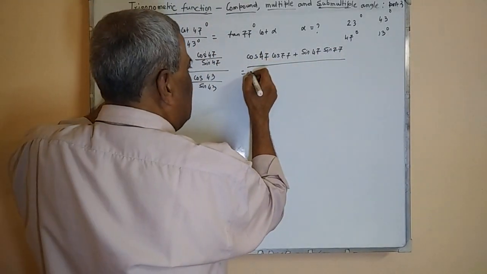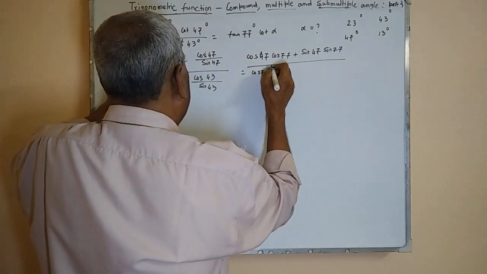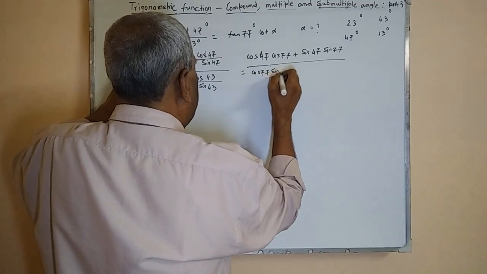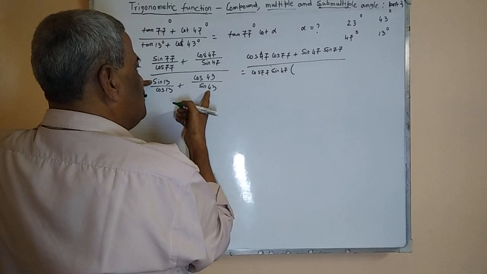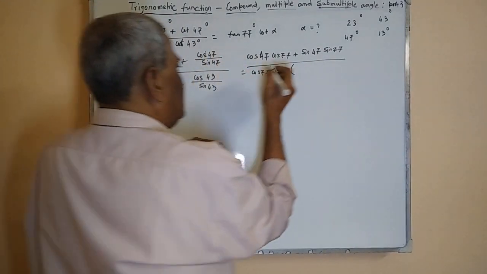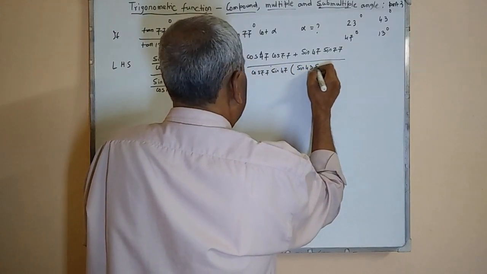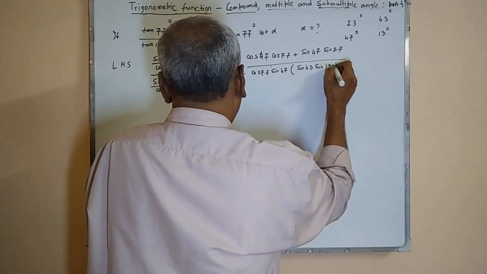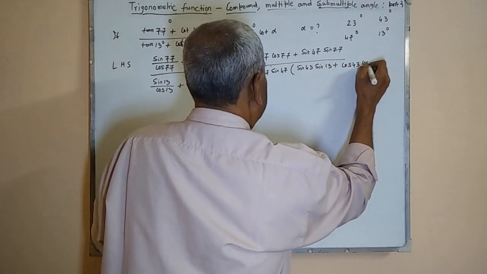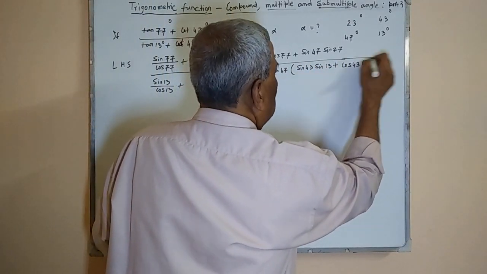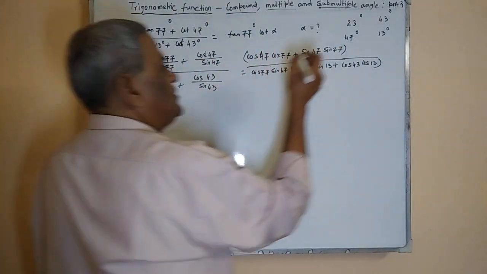LCM is cos 77 into sine 47 in the numerator, and similarly the LCM of the other part in the denominator.